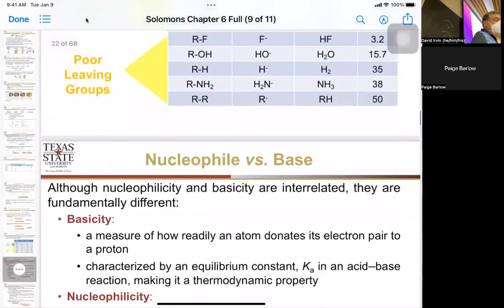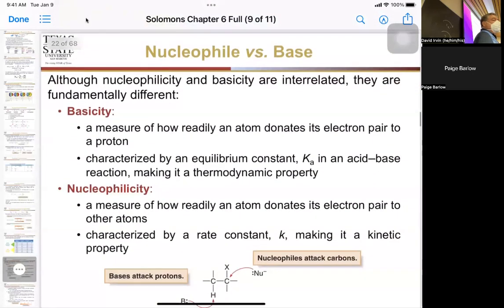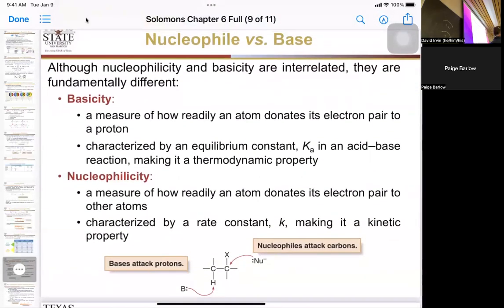So I said that nucleophilicity and basicity are different. In the case of basicity, it measures your ability to accept a proton, and that's in equilibrium, a thermodynamic property.